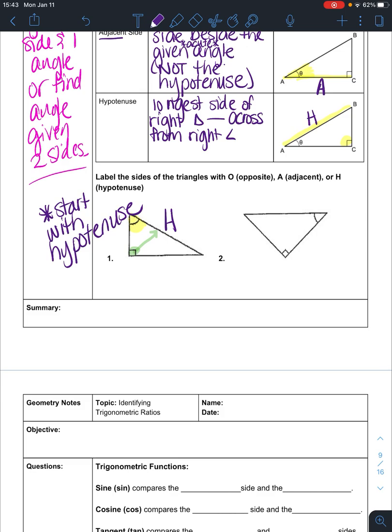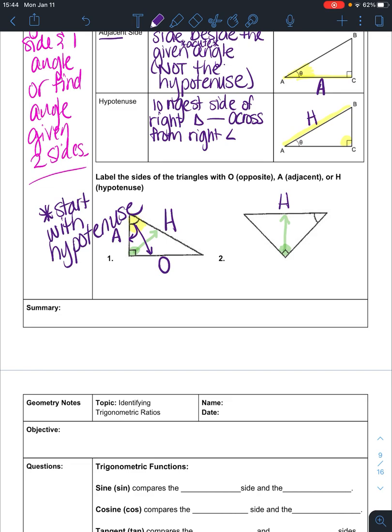Now, everything else is based off that acute angle that I highlighted in yellow. And so what we need to do is find our opposite. So this is the side that is opposite that yellow angle, and this is the side that is adjacent to that yellow angle. Same thing with the next one. We have our right angle, and we use our right angle to locate our hypotenuse.